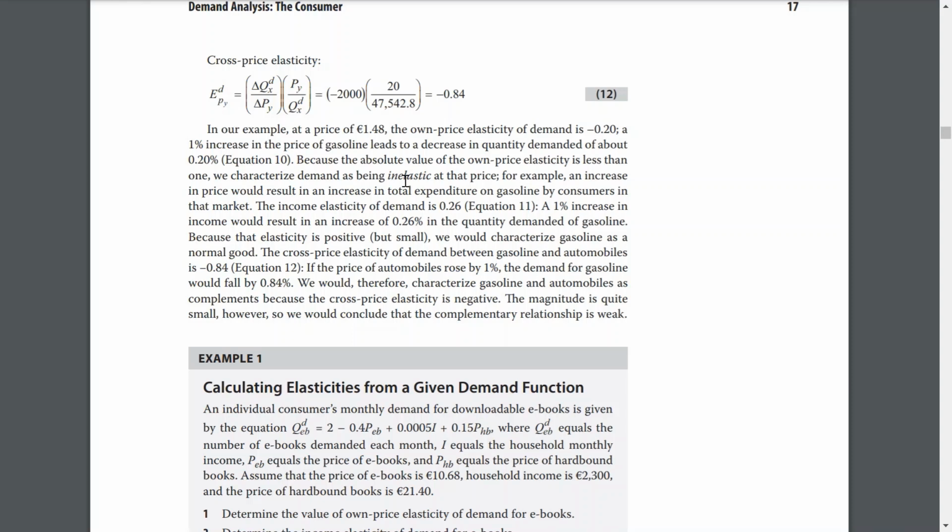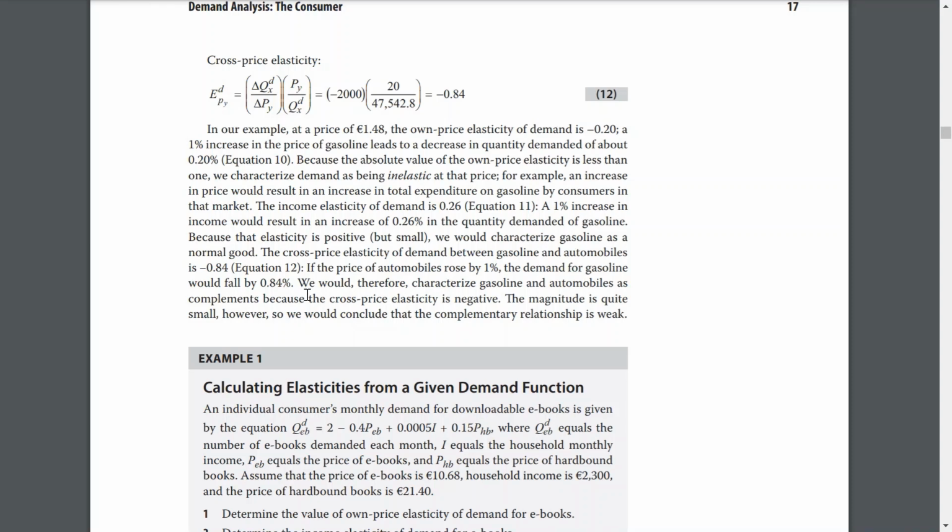The income elasticity of demand is 0.26, equation 11, so a 1% increase in income will result in an increase of 0.26% in the quantity demanded of gasoline. Because that elasticity is positive but small, we would characterize gasoline as a normal good. The cross-price elasticity of demand between gasoline and automobiles is negative 0.484 in equation 12.